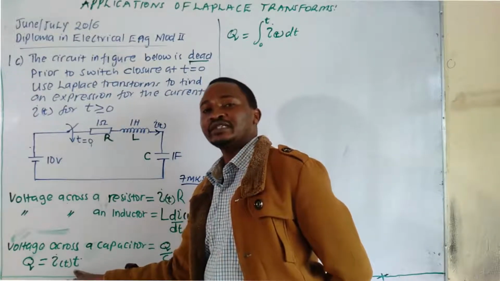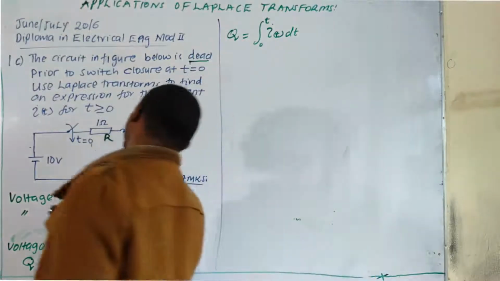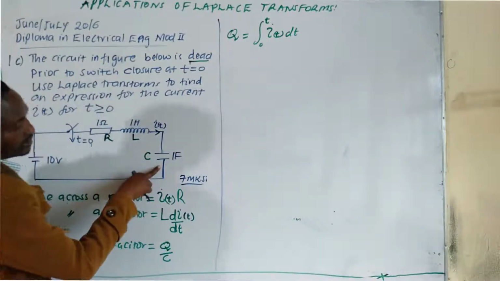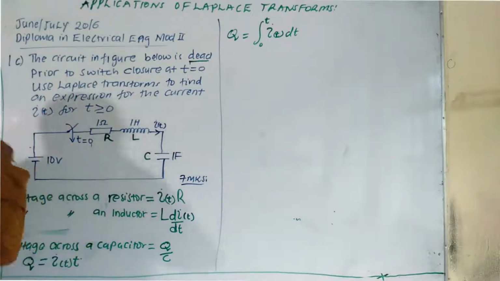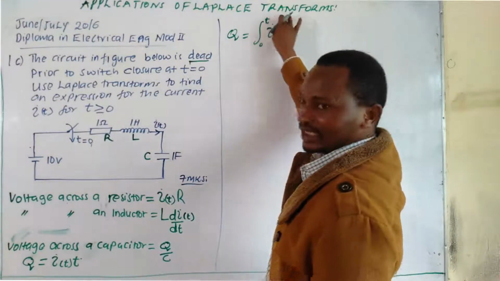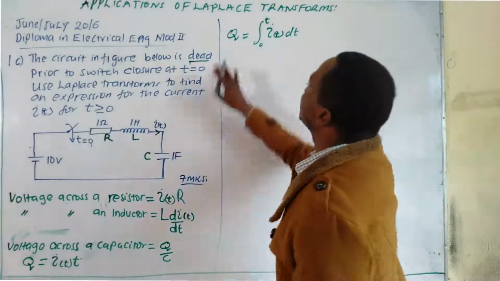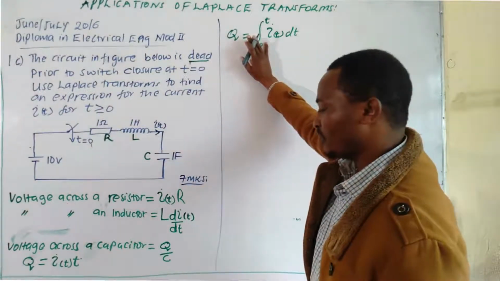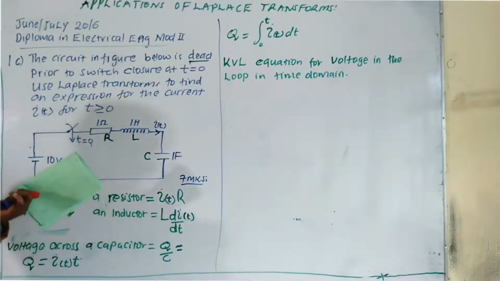Time t will not be constant because the charge will increase slowly from 0 to a certain value as time increases. So because time will be changing, that's why we are integrating. We are not going to use the formula for multiplication, but the formula for integration, for the KVL equation for voltage in the loop in the time domain.